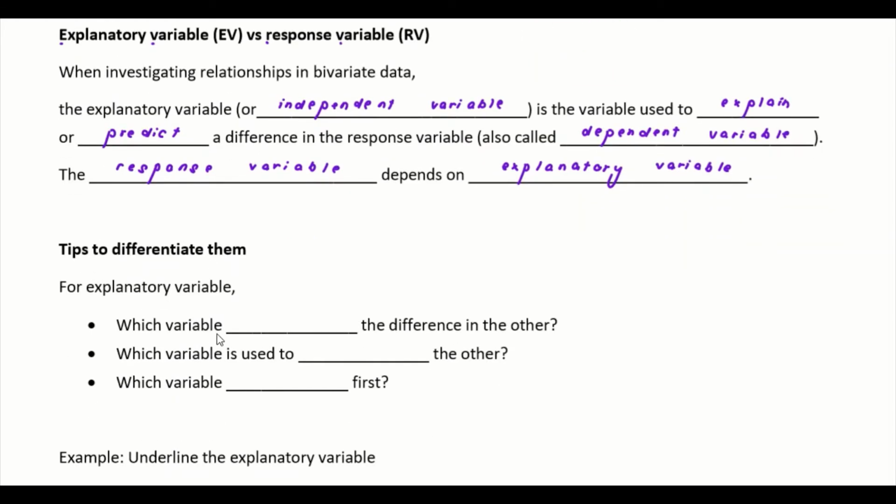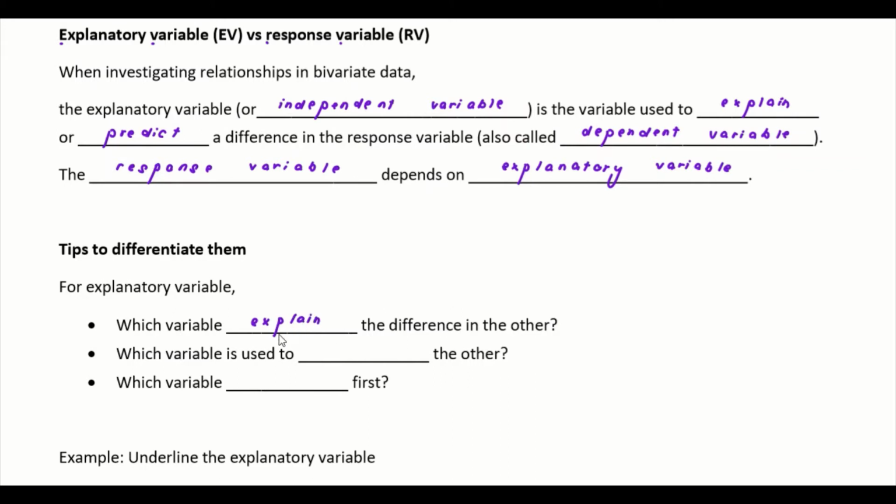Sometimes you will have a case where the two variables seem like either one can be used to explain the other. I mean both ways can work. So what is the thing that I can use to confirm my answer? These are the three questions that I always ask myself whenever I want to decide the explanatory variable. Which variable explains the difference in the other?